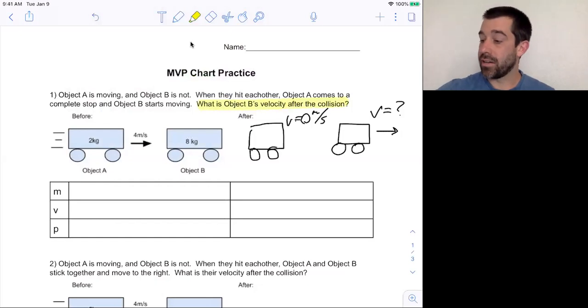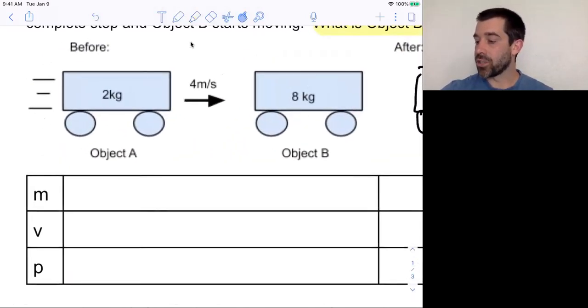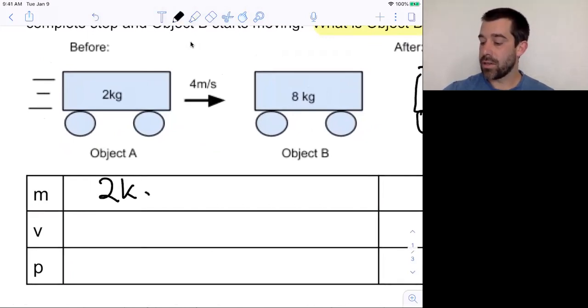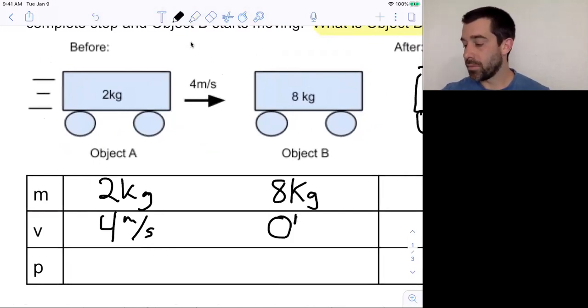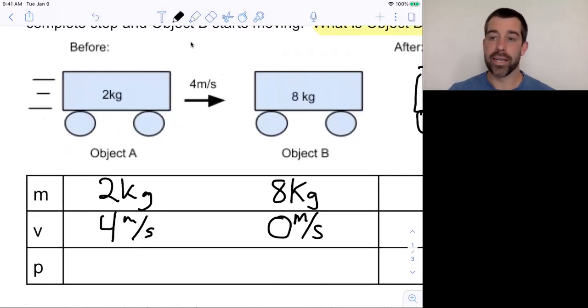All right, so let's go ahead and fill in some information here. Let's start with the before picture. So we know that object A is 2 kilograms. I'm going to go ahead and write that there. We know it's traveling at a velocity of 4 meters per second. We know that object B is 8 kilograms and it's traveling at a velocity of 0 meters per second because it's not moving at the beginning.